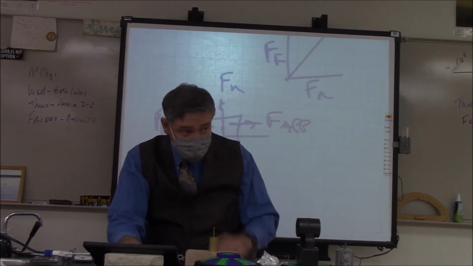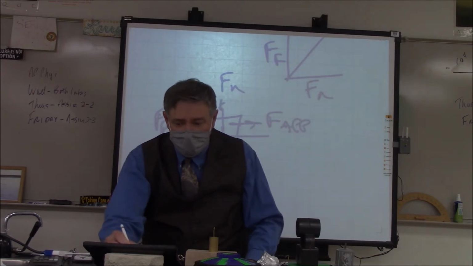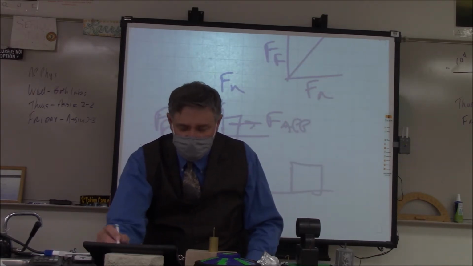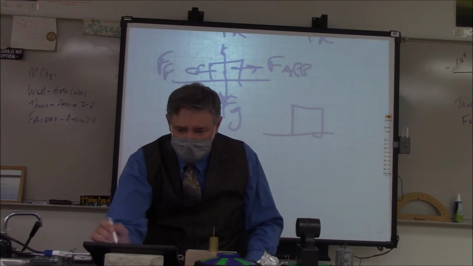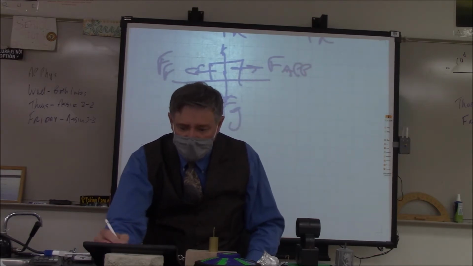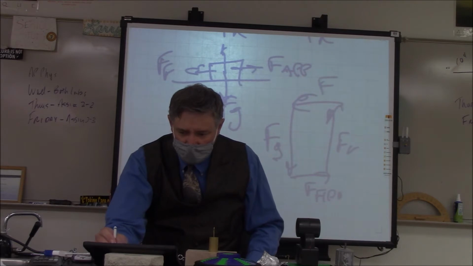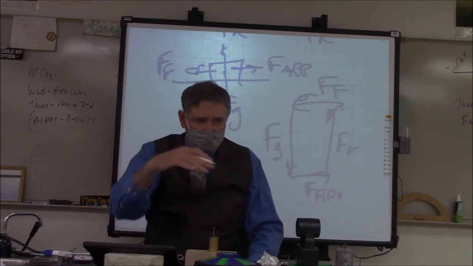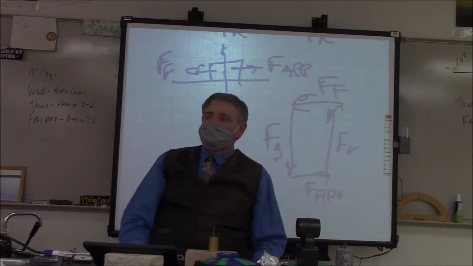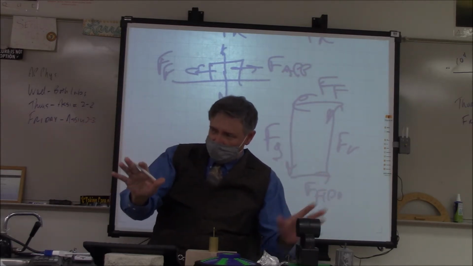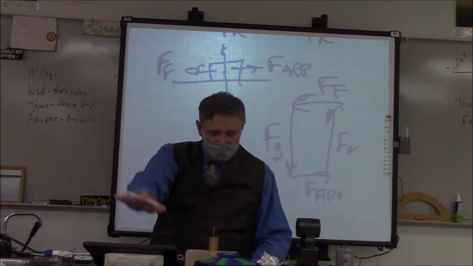You're going to draw this with a ruler. Then you're going to draw another one that looks like this, tip to tail: FG, FAP, normal, force friction or force opposing. You should end up back at the origin. That's the main part of that. Then you've got a bunch of questions to answer on that.